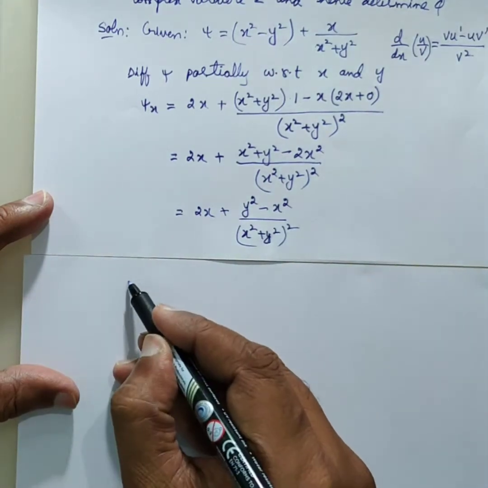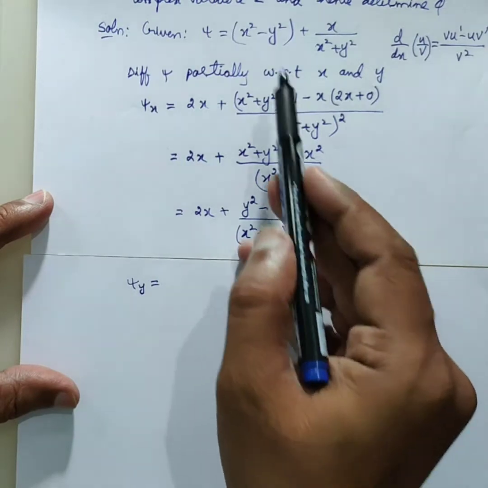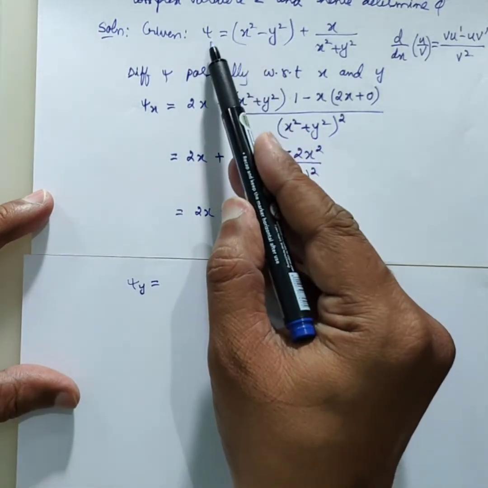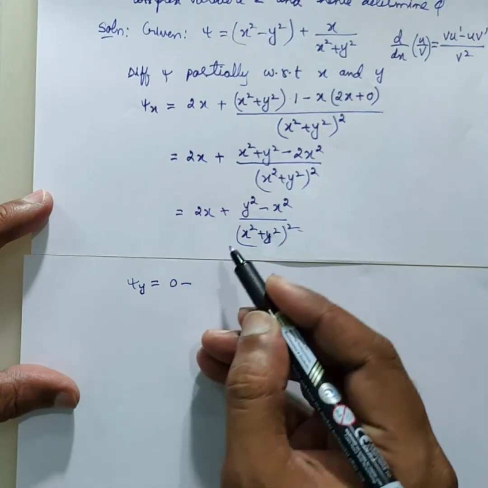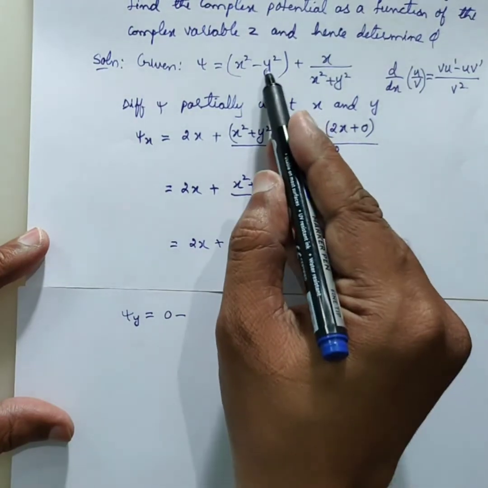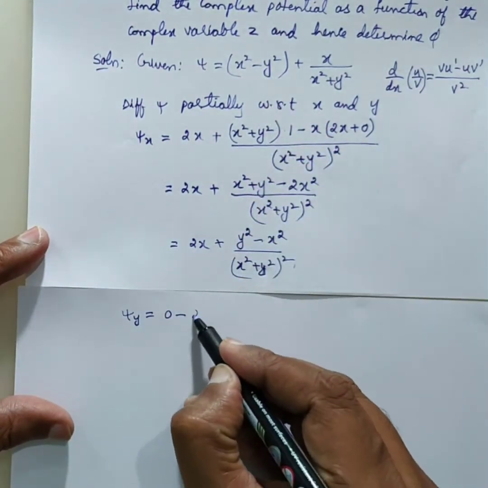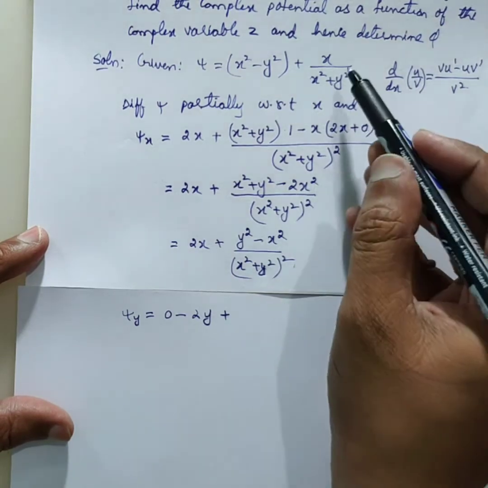So we get psi y to be equal to, the derivative of this psi with respect to y. x square is a constant, so its derivative will be 0, minus y square, whose derivative will be 2y, plus, once again you can use the u by v rule.